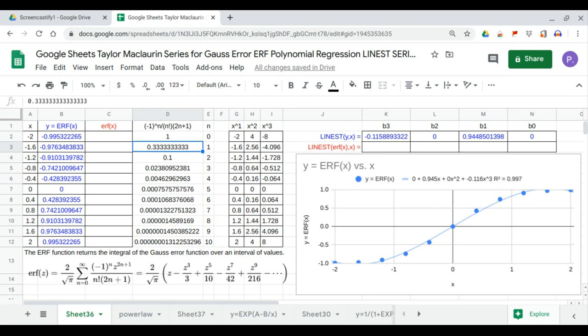Okay. Next, the numerator, negative 1 to the power n. So that's negative 1 to the power n.